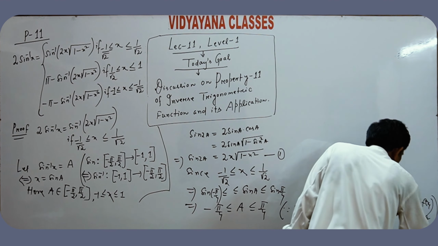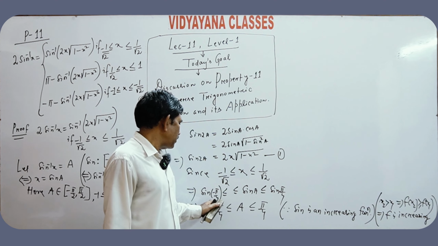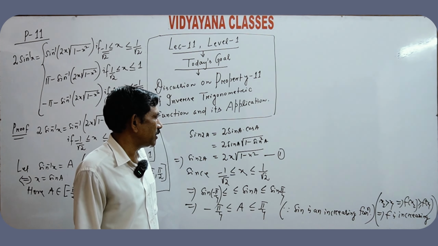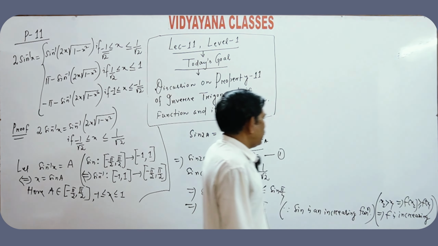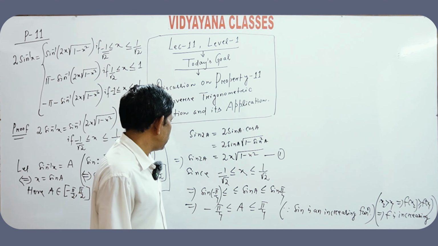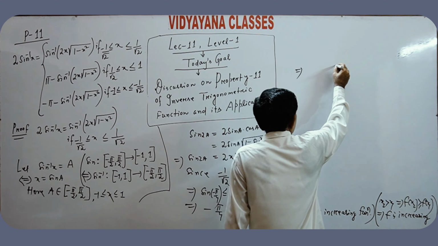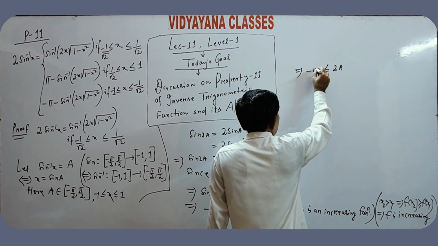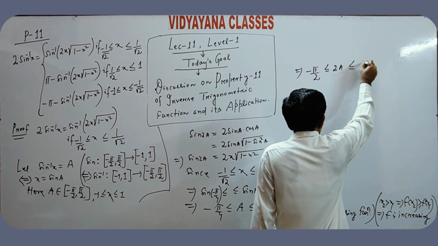Since the sine function is increasing, we can write a is greater than or equal to minus pi by 4 and less than or equal to plus pi by 4. Increasing function means x2 greater than x1 implies f x2 is greater than or equal to f x1. Multiplying by 2, it gives minus pi by 2 less than or equal to 2a less than or equal to pi by 2.